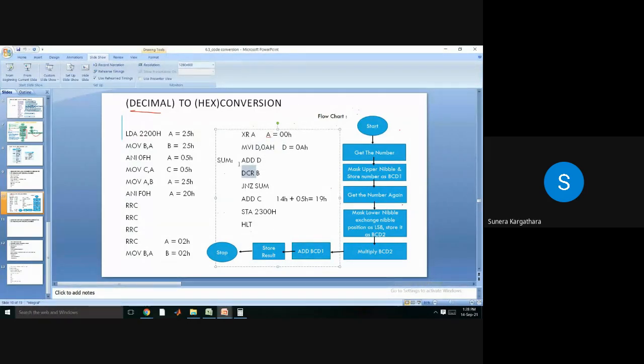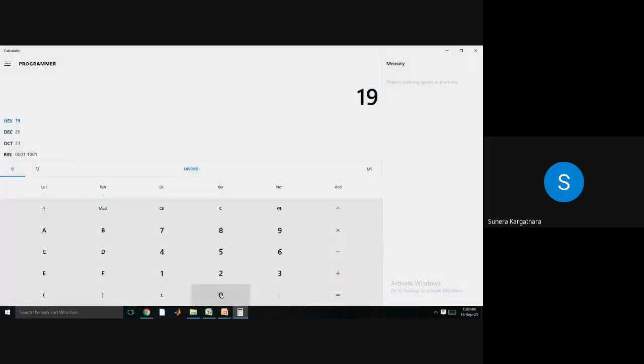It is not 0, so again it will go and add. 0A will be added with 0A. So what is the result? If I add 0A and 0A, what is my result? 14. Yes or no? My result will be 14.